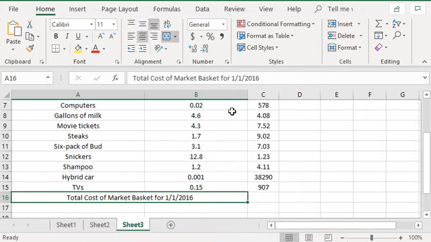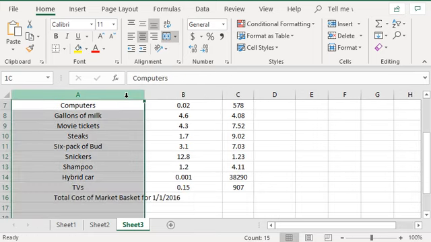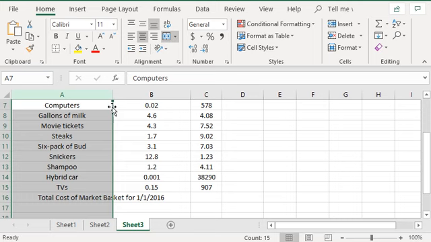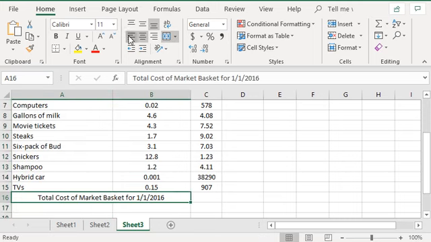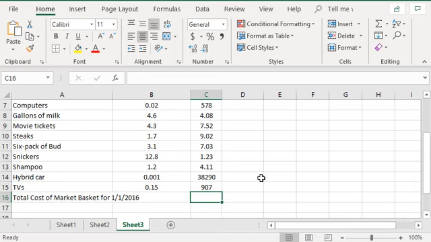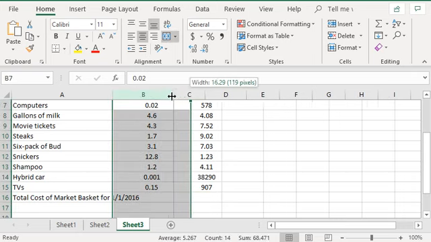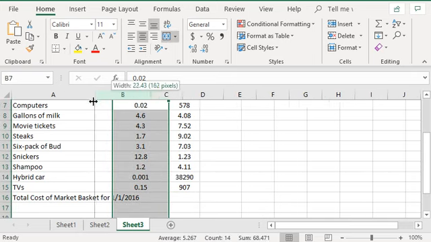Merge cells. There you go. And let's try this again. Okay. Looking pretty good in terms of formatting.